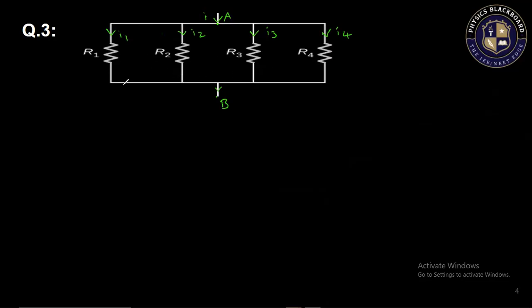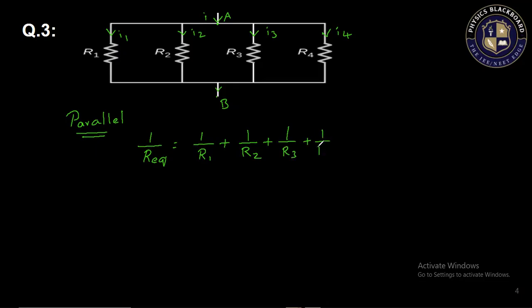So we can say that these four resistors are in parallel connection. They are in parallel combination. To find the equivalent resistance of resistors when they are connected in parallel, what is the formula that we use? 1 by R equivalent is equal to 1 by R1 plus 1 by R2 plus 1 by R3 plus 1 by R4.